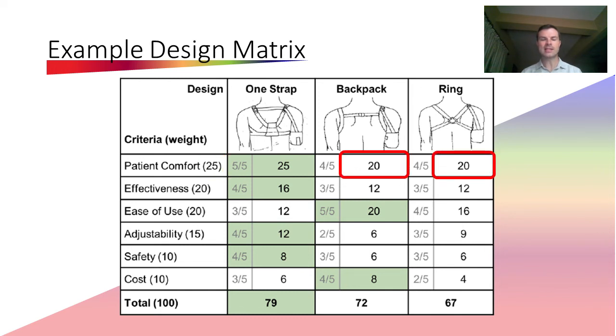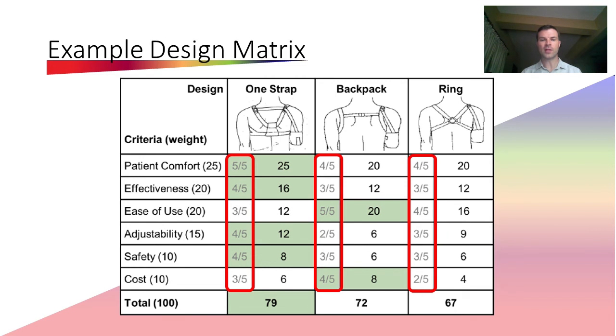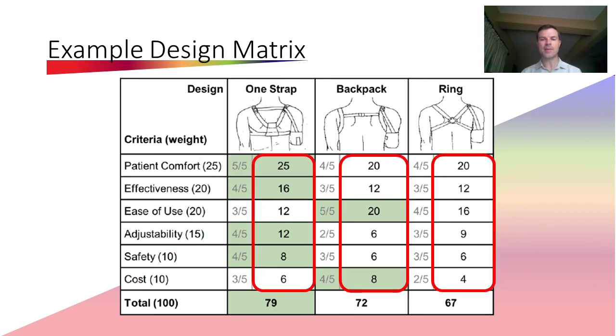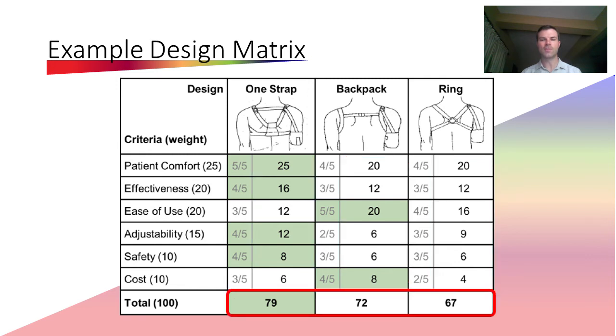And so the design team assigns a score out of 5 for each one of the different criteria, and then they multiply that subscore by the criterion's weight to get a total score for each criterion. Once the team has identified total scores for each different criterion, then they sum all of the scores together to get a final total score.